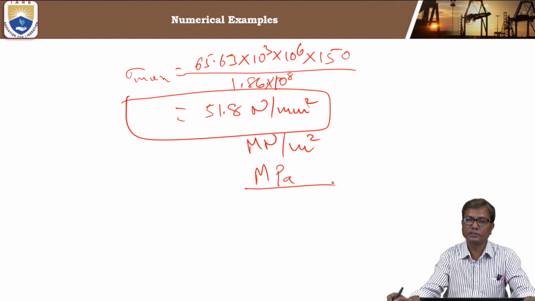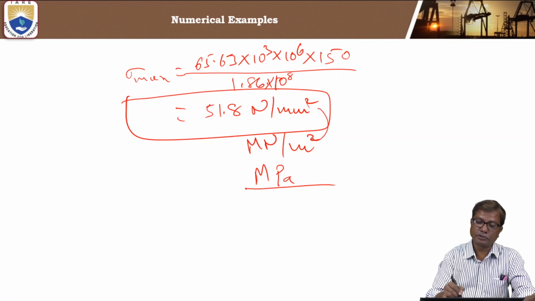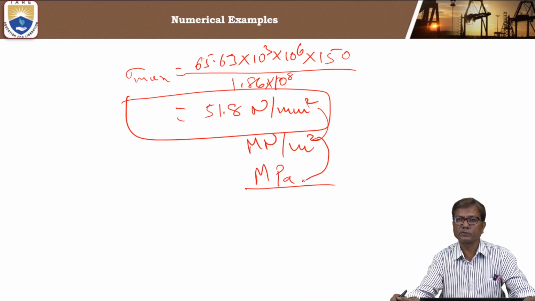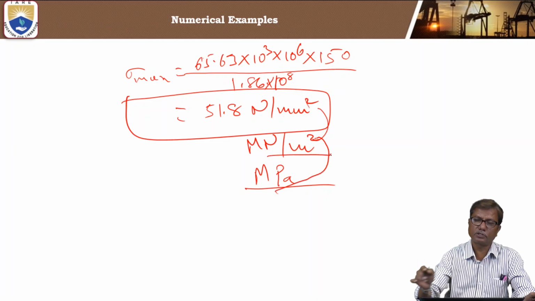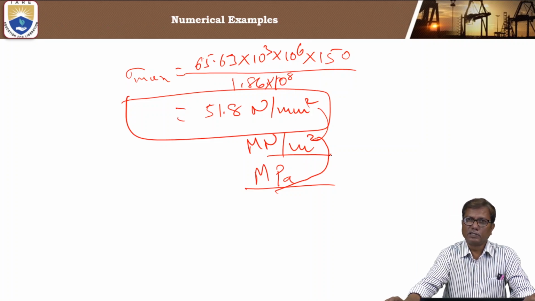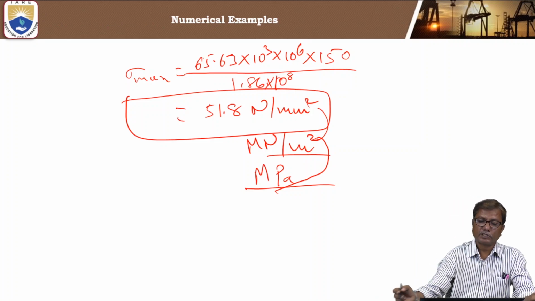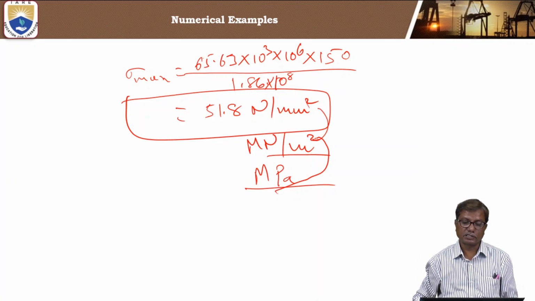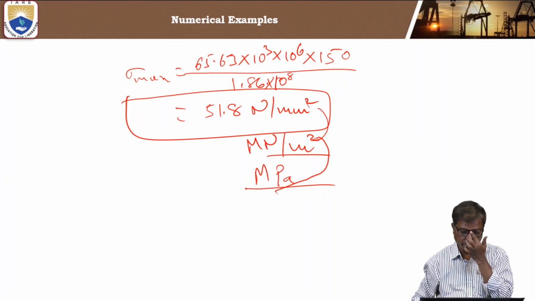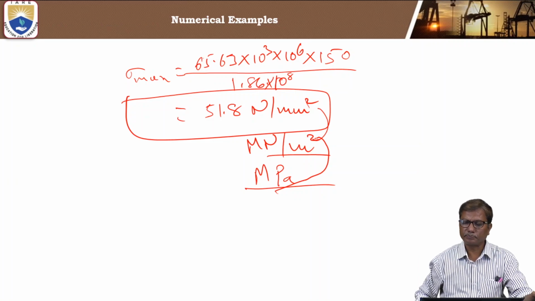All are the same. Newton per mm square is the same as mega Newton per meter square or mega pascal, because pascal is Newton per meter square. One Newton per meter square is one pascal. So this is the maximum bending stress.